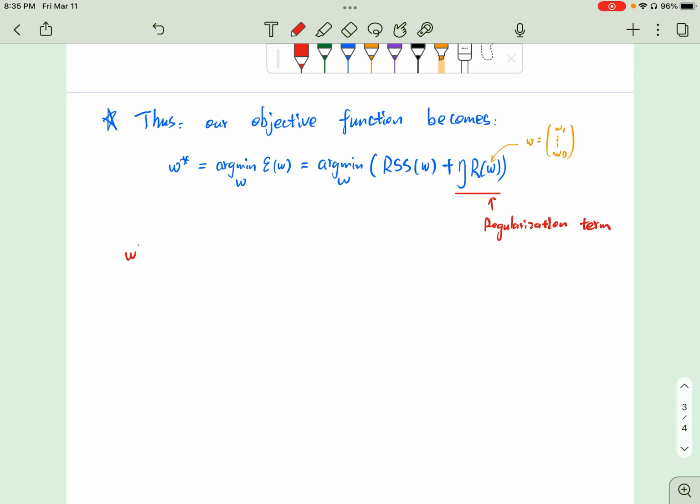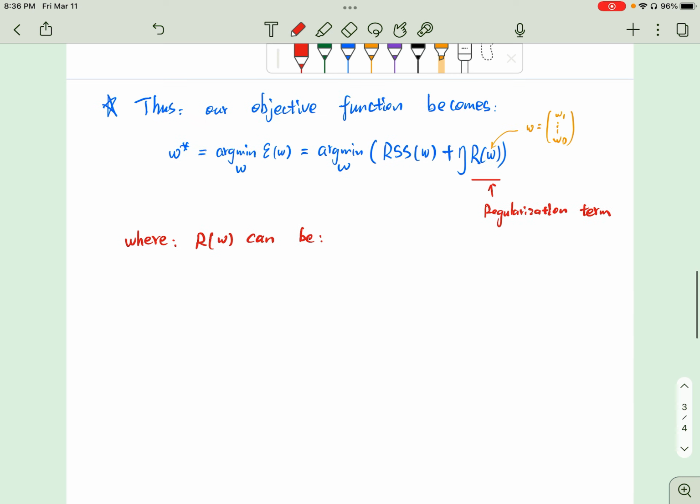Maybe this one should be only R. So R of omega, which is the regularization term. This term can be in different forms. Firstly, it can be in this form.